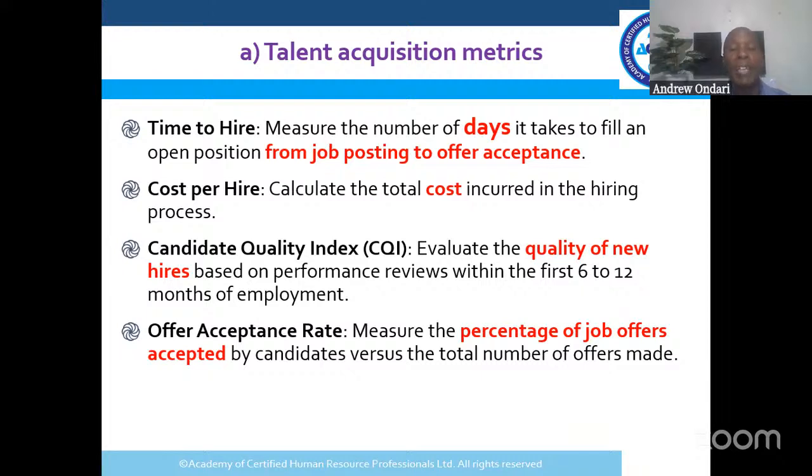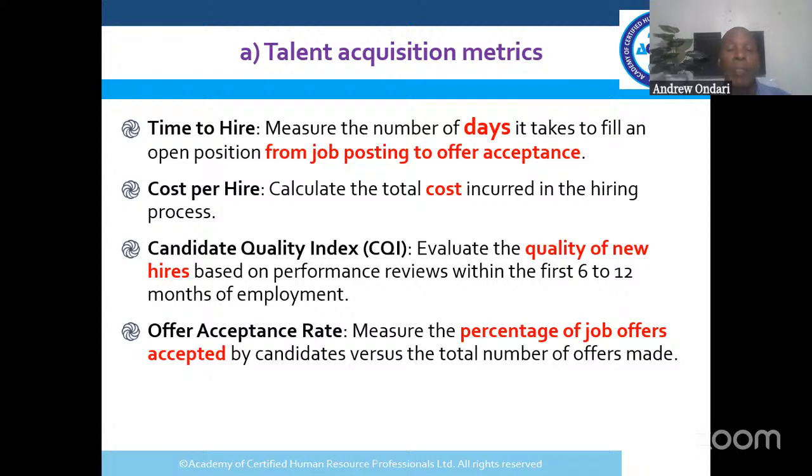With that gap, we can lose money or revenue, or have declining profits because somebody has not been hired. The other negative effect of taking too long is that the potential candidates might move to other organizations, and probably these were the game changers if they were to be brought to the organization.